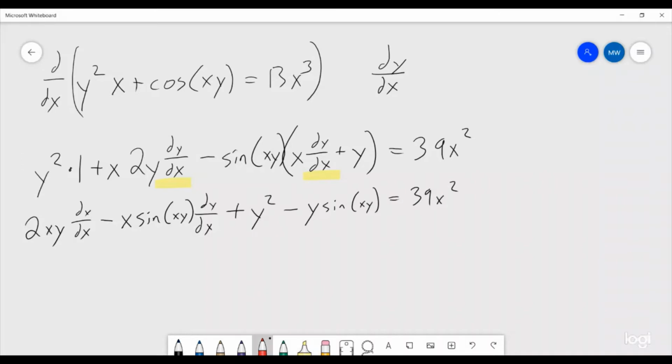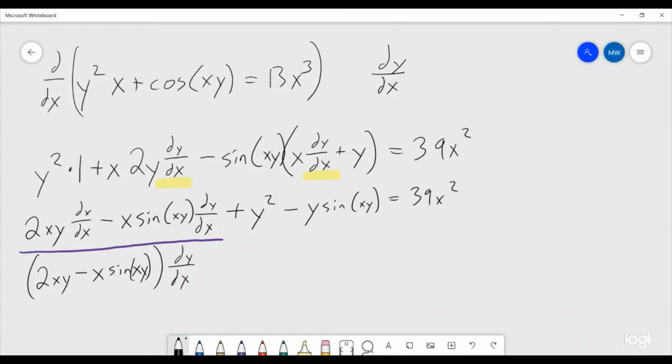We are going to keep the two terms that have a dy dx on them and move the other terms to the other side. So we are left with 2xy minus x sine of xy, times dy dx, is equal to 39x squared minus y squared plus y sine of xy.